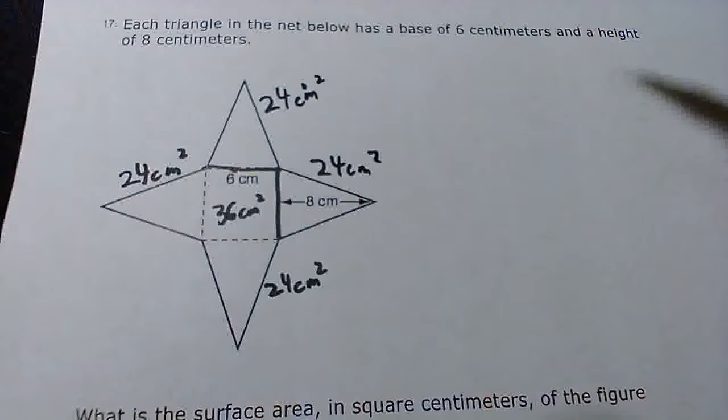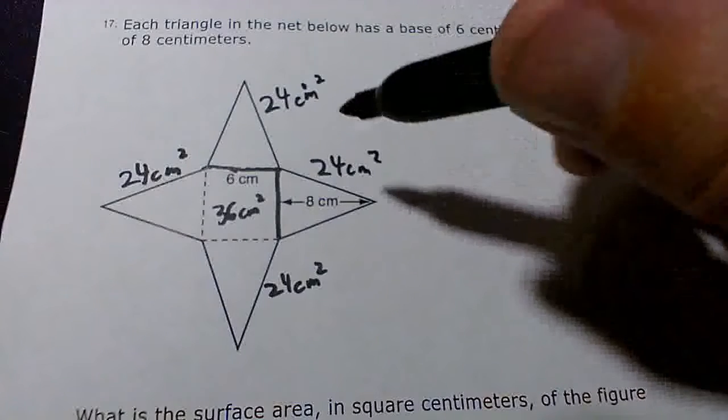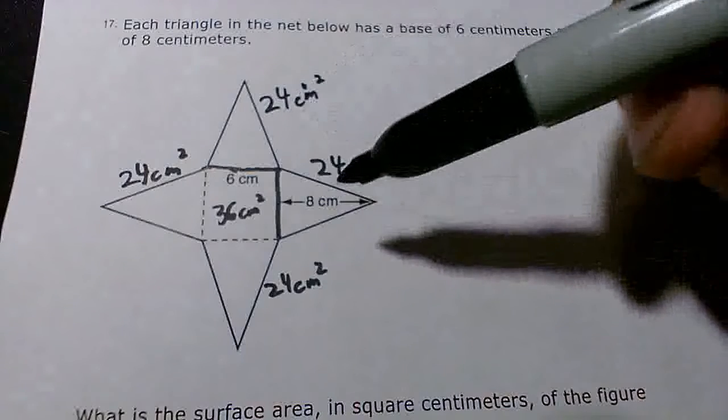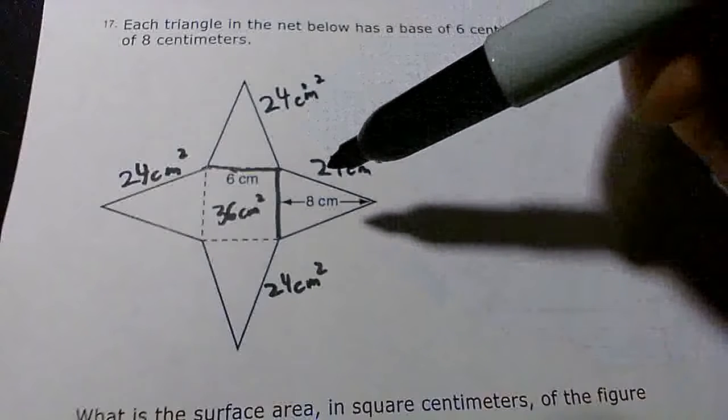It's always a good idea to label those dimensions in case you need to go back and check your work later. Lastly, as with the rectangular prism, you will need to add all of those dimensions together.